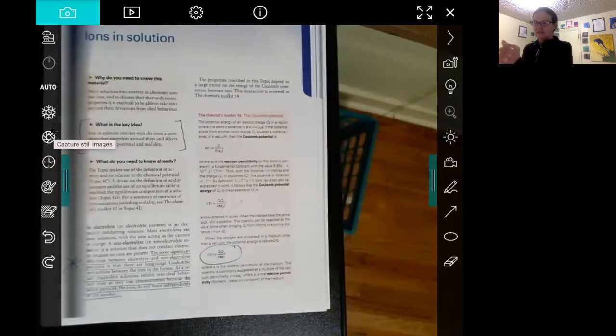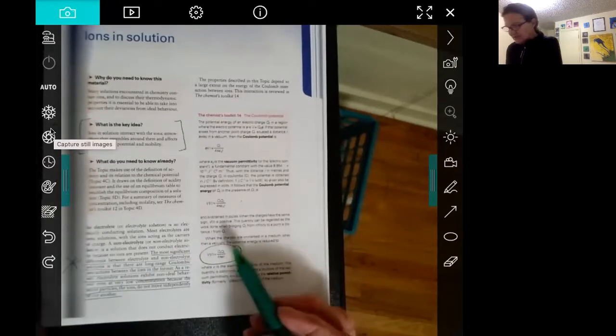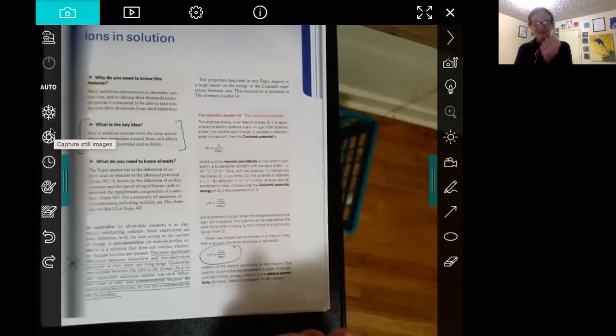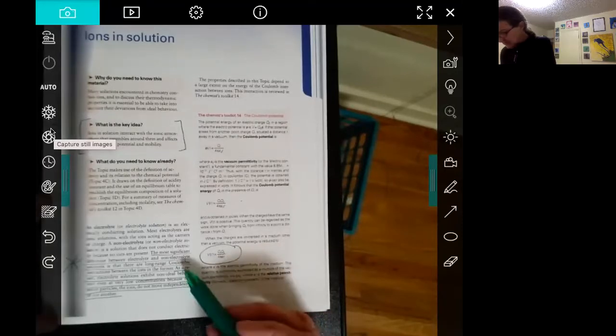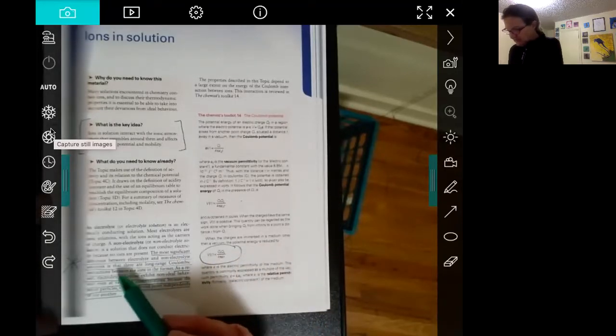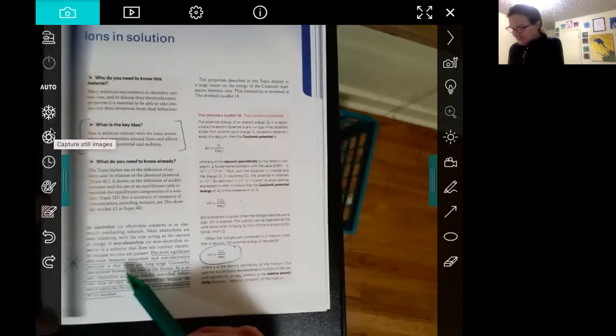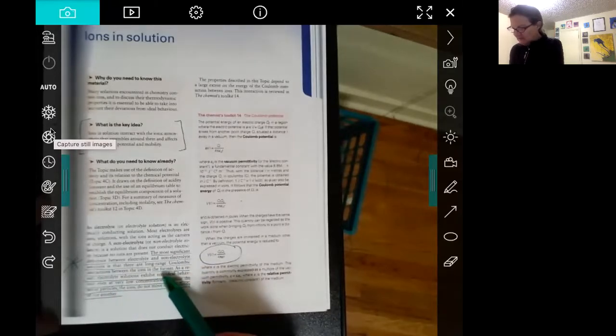If you have a cation and it's in solution, it's going to be surrounded by anions to help balance out that charge. So that effectively reduces the impact of that positive charge. The most significant difference between electrolyte and non-electrolyte solutions is that there are long-range Coulombic interactions between the ions in the former.